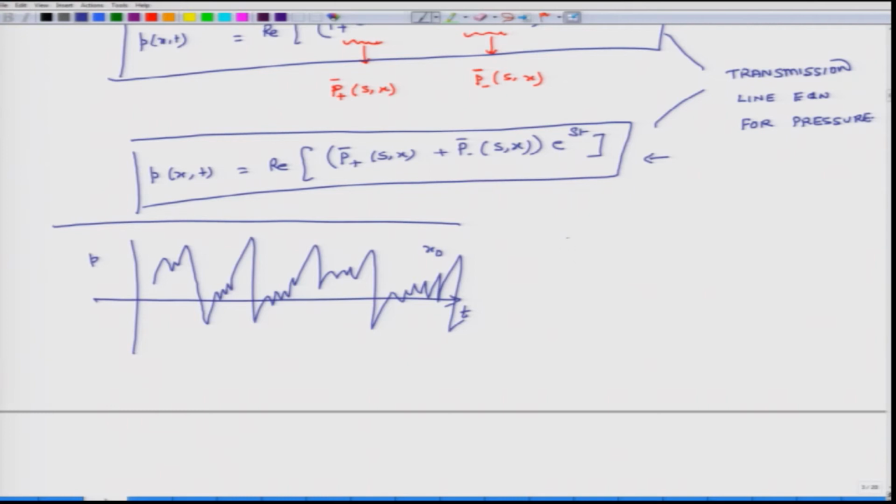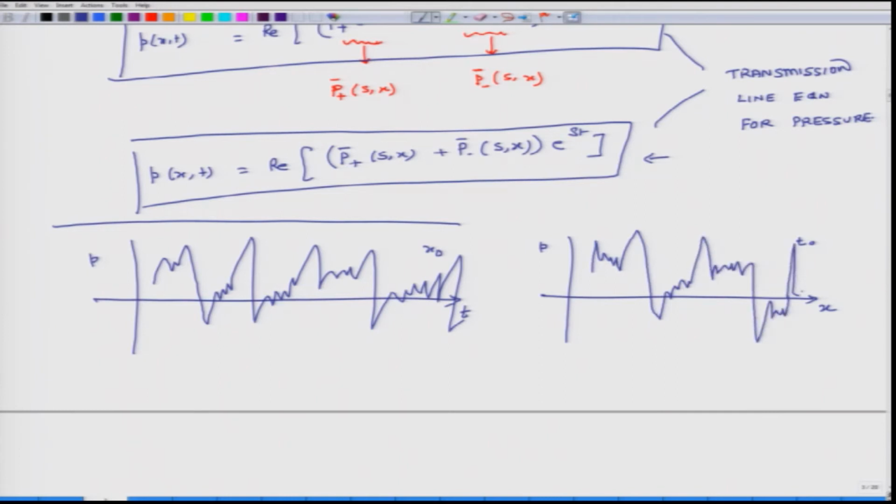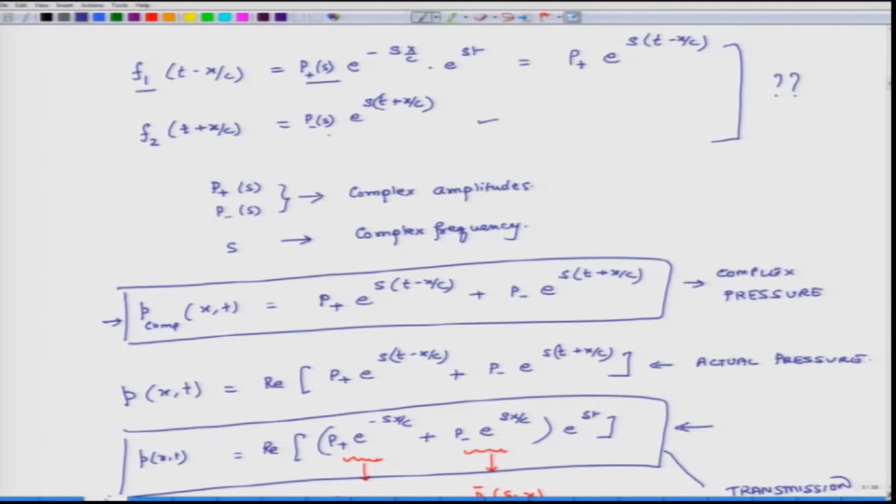And similarly, if I plot pressure as a function of x at a given instant t0, again the pressure may be doing something arbitrary. So, the waveform which exists in real situations need not be a simple function like this or this, it could be a complicated function.